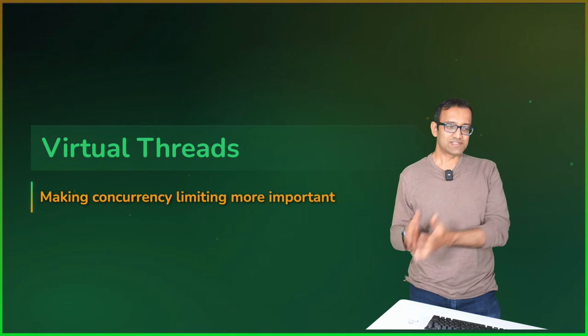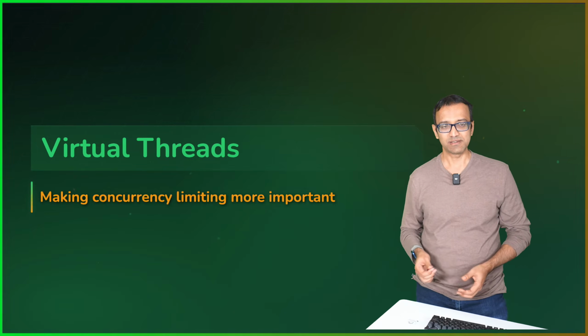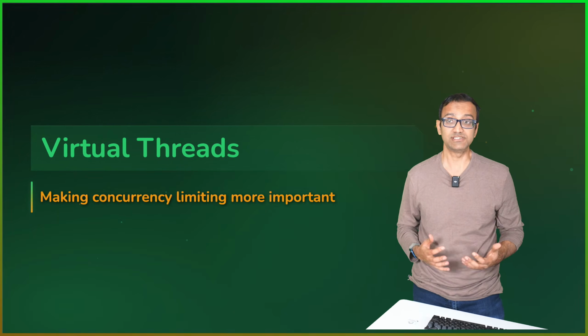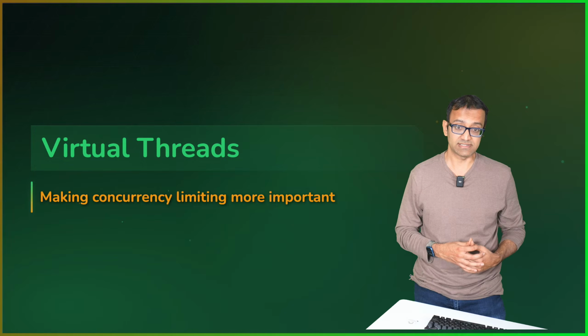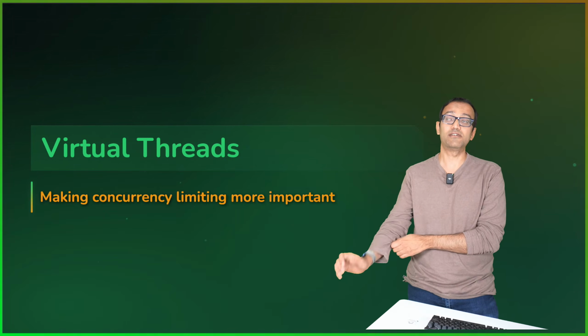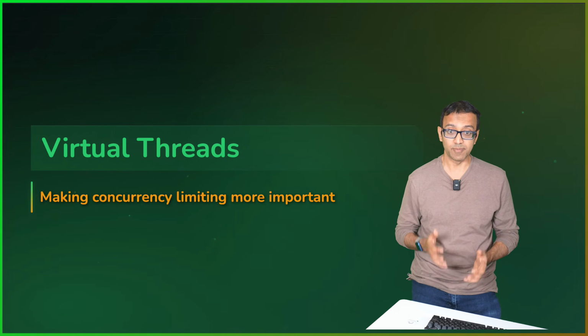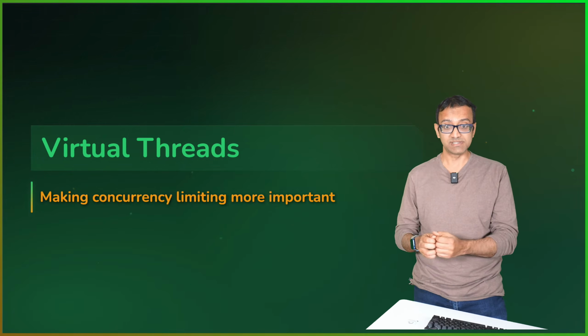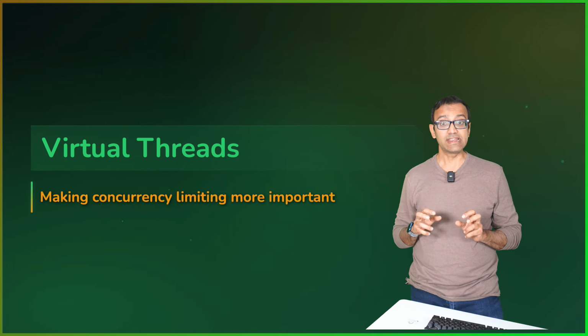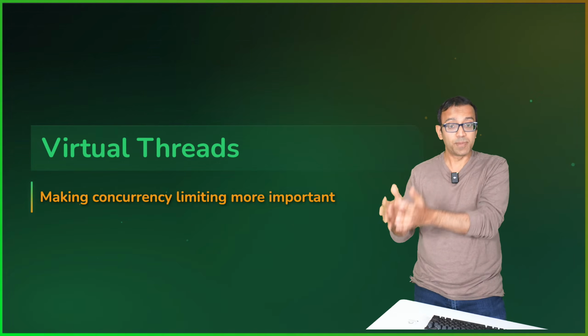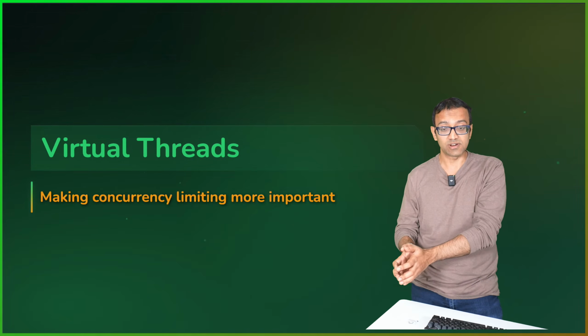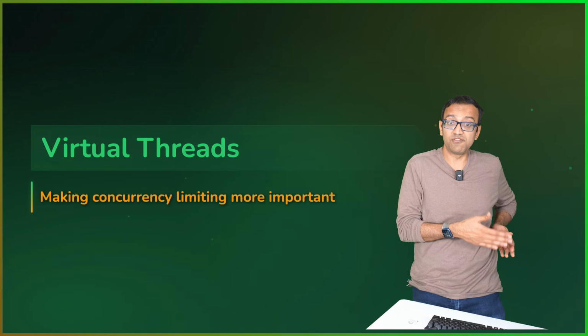There is an obvious question that can get asked: if you have virtual threads, you essentially have an unlimited number of threads. You don't need to worry about running out of threads in a thread pool, because every time a request comes in, you're not creating a new operating system thread. You're not consuming resources. You're just keeping track of it virtually.